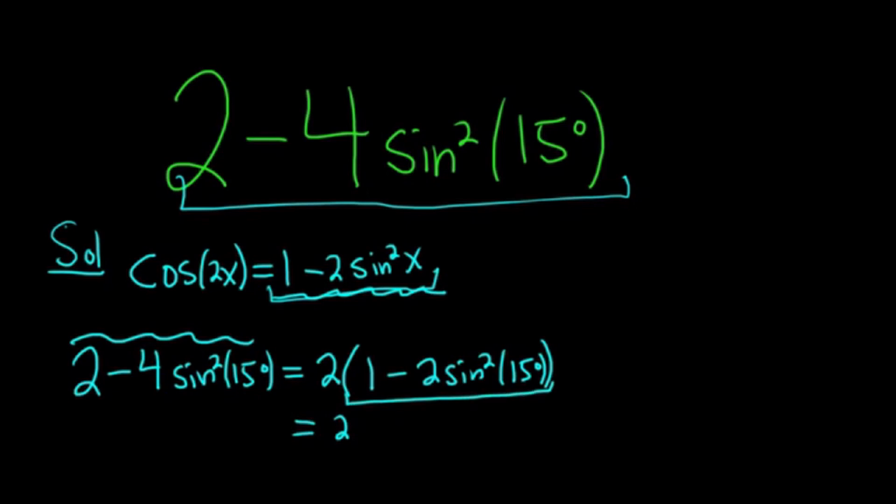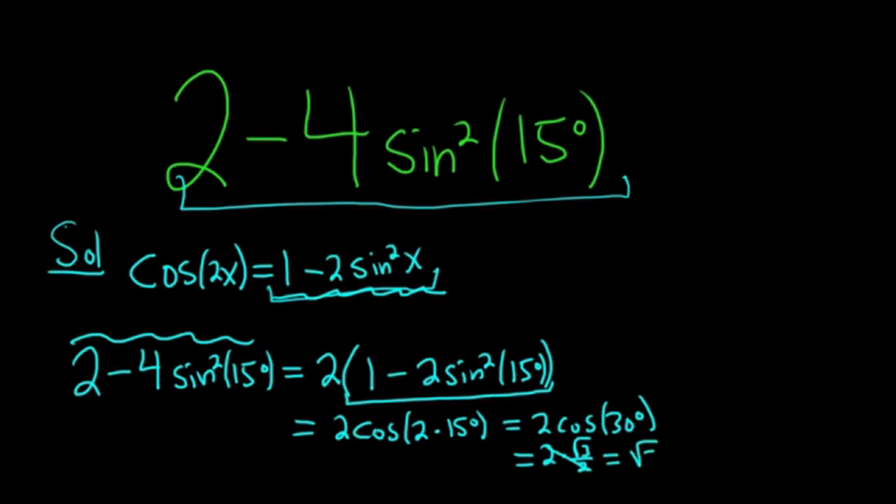So 1 minus 2 sine squared 15 degrees, that's the same thing as cosine, and then x is 15, so it's 2 times 15 degrees. This is the same thing as 2 times cosine of 30 degrees. And the cosine of 30 is equal to the square root of 3 over 2. So this is 2 times the square root of 3 over 2. The 2's cancel, and so we end up with the square root of 3. And that's the final answer.